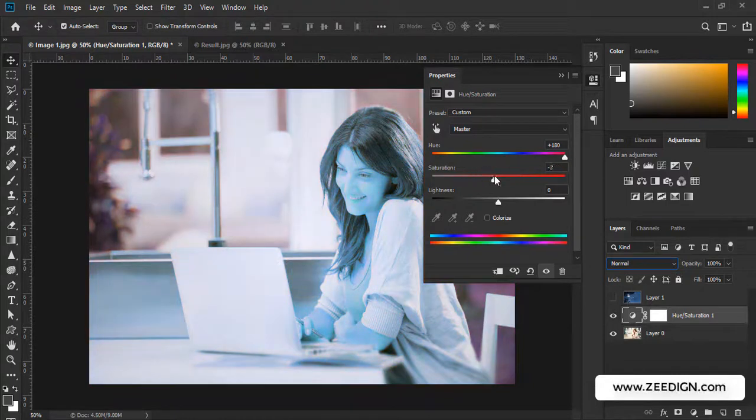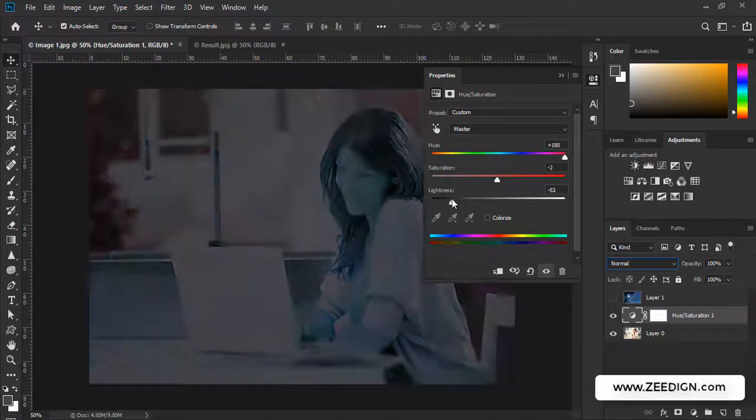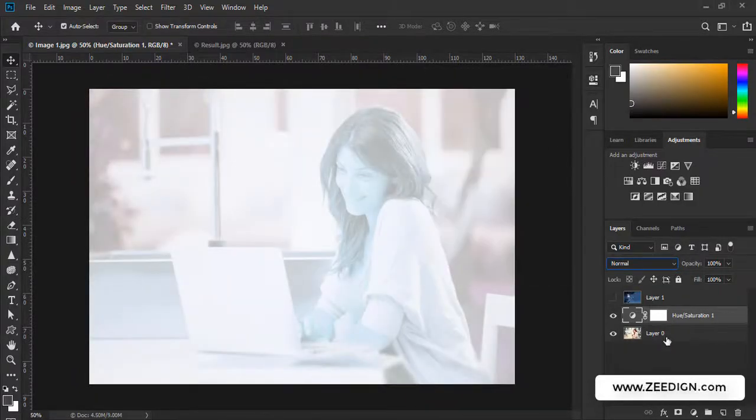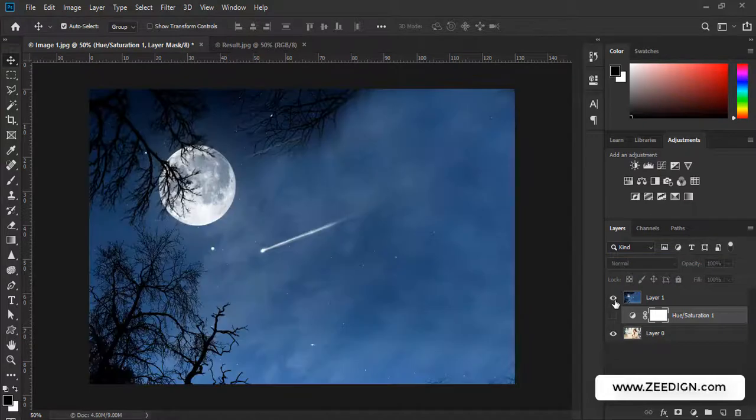So this is what saturation does. And the lightness is pretty obvious. If I move towards the left, it will decrease, and if I move towards the right, it will increase the brightness. So that was another way of making those changes. If you want to play with hue and saturation, it will give you more flexibility. So anyway, I will remove this adjustment layer for now, or just disable its preview.